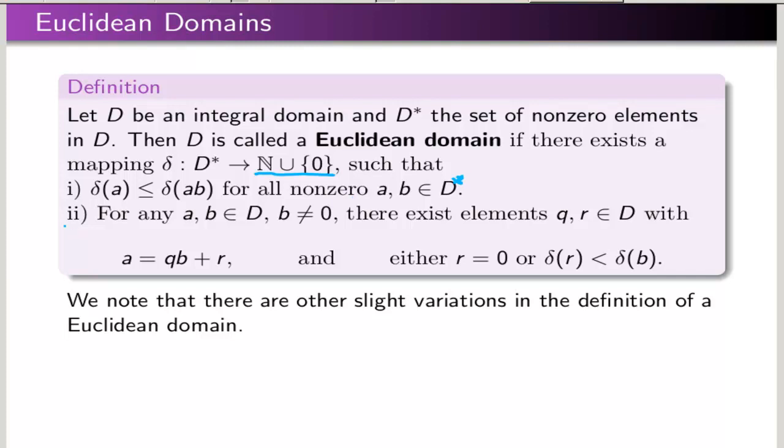And property 2, this is the important one, is that we have a division algorithm. So for any elements A and B in the domain D with B not equal to 0, there exist elements Q and R in the domain such that A is Q times B plus R. So you're thinking again that this is modeling A divided by B, and Q would be called the quotient, and R the remainder.